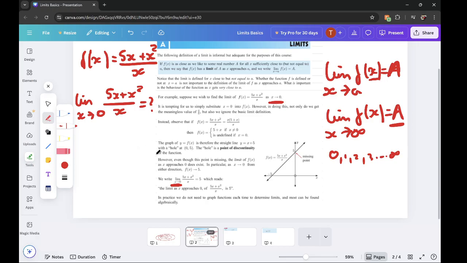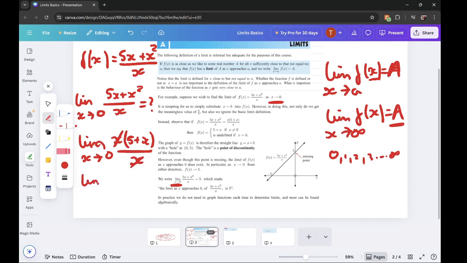So what we do in this case is try to remove this x. We still write it as the limit as x approaches 0, but instead we take out an x over here and we get x times 5 plus x, over x. Now as you can see, this x and this x cancel out.